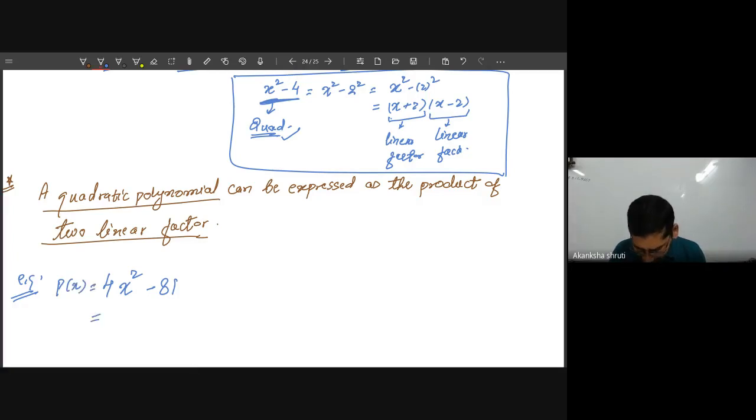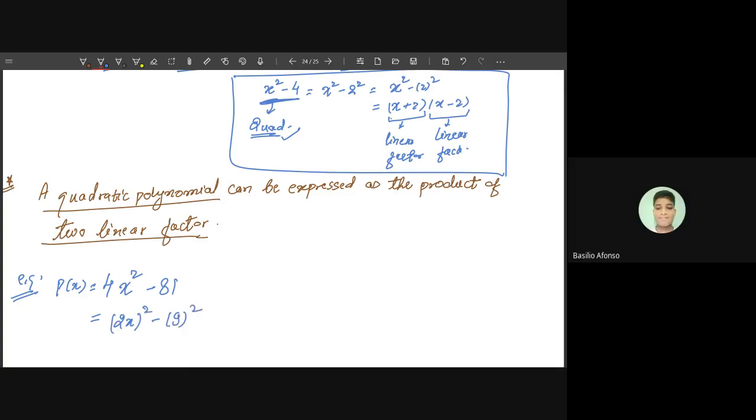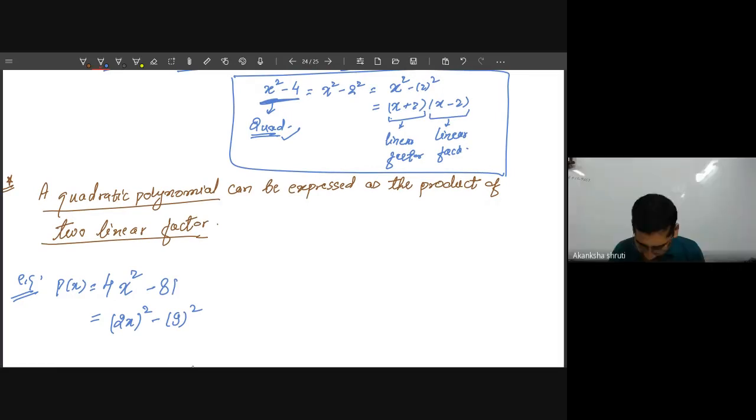This can be written as (2x) whole square minus 9 square. So this can be written as (2x plus 9) and (2x minus 9).